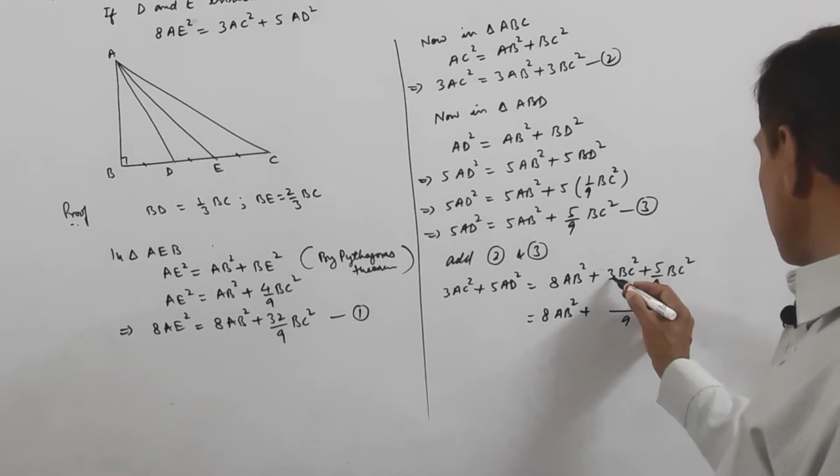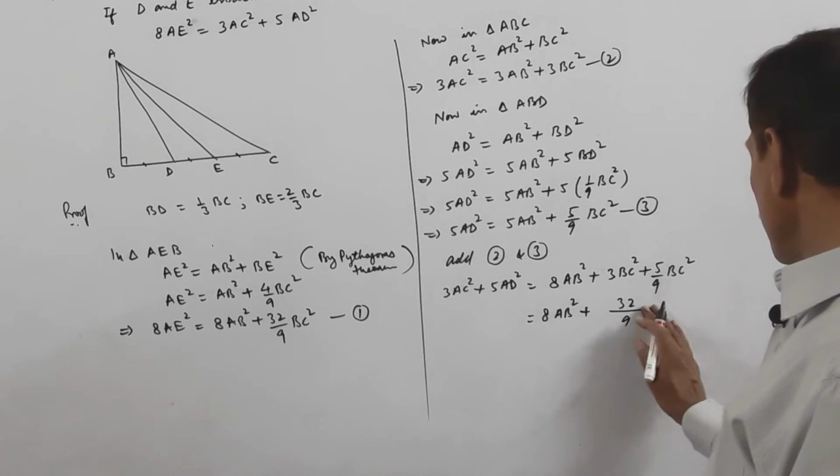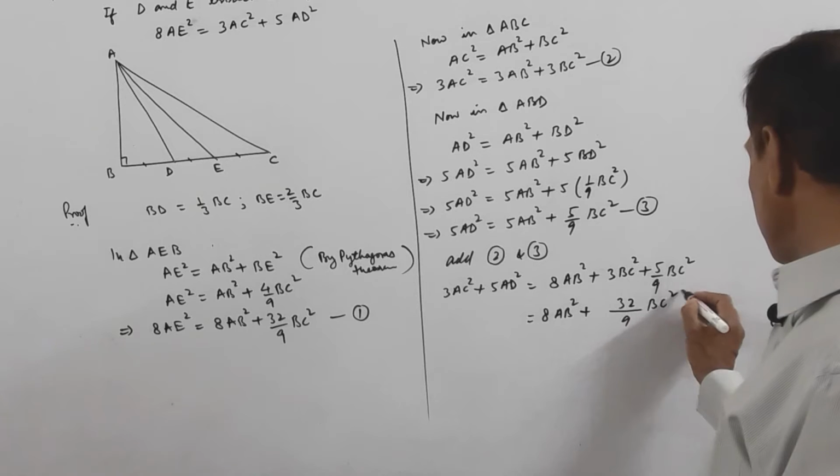So 9 times 3 is 27 BC square plus 5 BC square, that is 32 by 9 BC square.